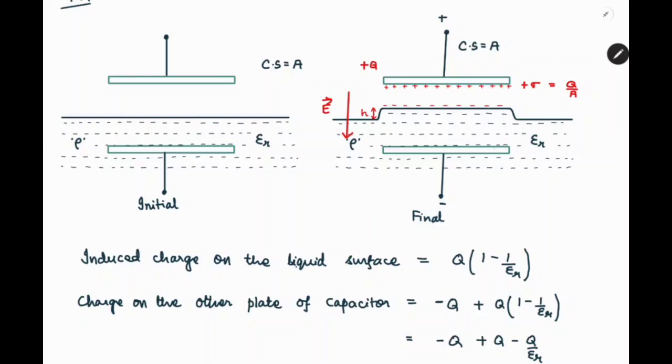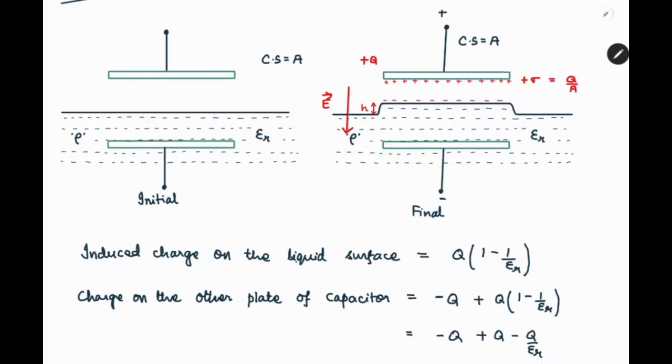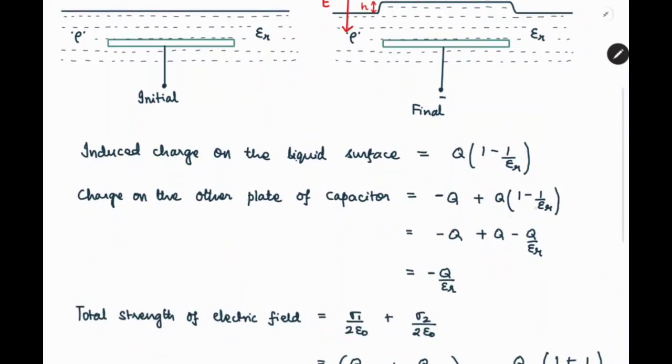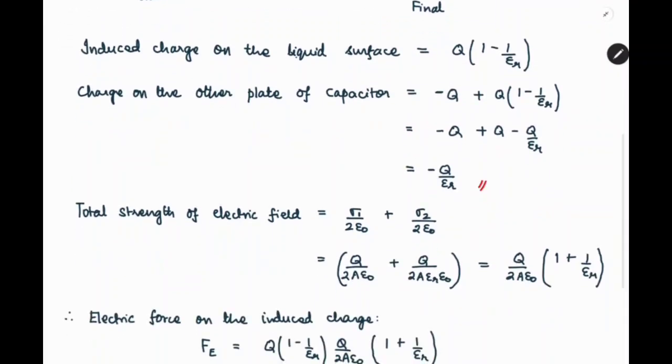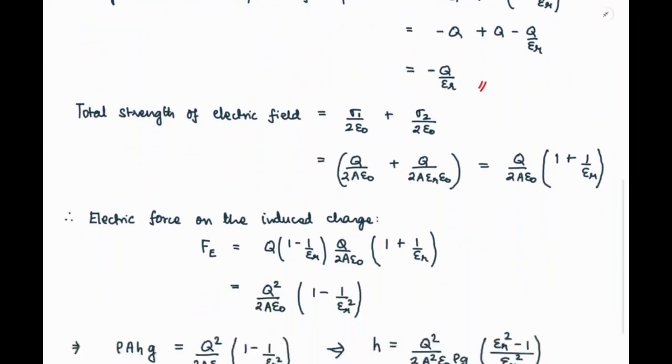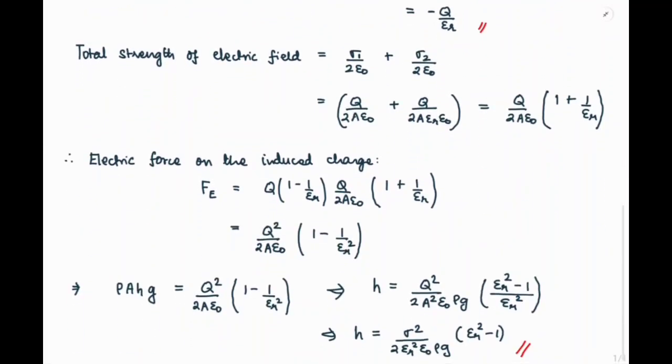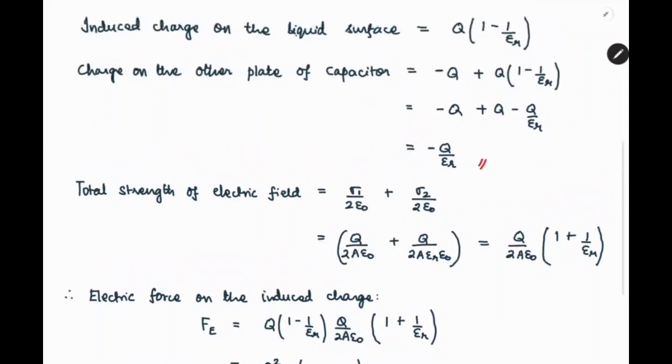Some charge will be induced on this surface, and then a negative charge is also on the lower plate because of the upper plate charge, and therefore we calculate the total charge on the other plate of the capacitor as this value. Then we calculate the net electric field strength due to both the upper plate and the lower plate, and then we calculate the electric force which we equated with the weight mg of the liquid which is raised to calculate the height h of the liquid, which turns out to be this value.